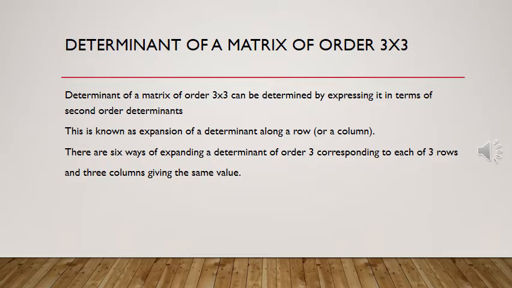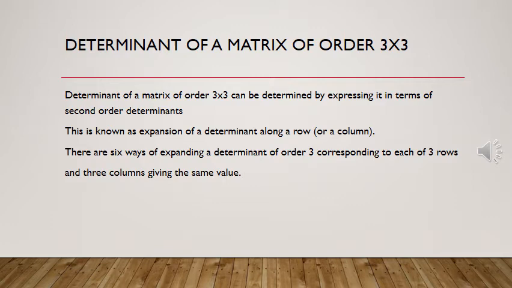So we are converting the square matrix of order 3 to square matrices of order 2. Then we will find the determinant. This is known as expansion of a determinant along a row or a column.